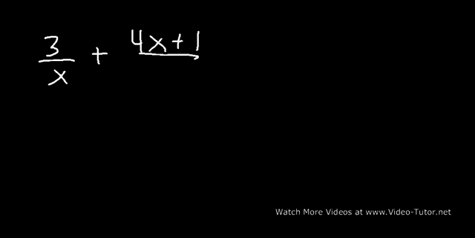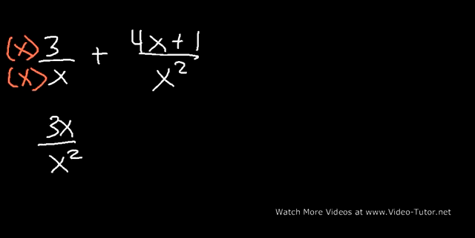Try this one. 3 over x plus 4x plus 1 divided by x squared. Now, our goal is to make sure that the denominator is the same for both fractions. We don't have to really adjust the second fraction. Notice that if we multiply the first fraction by x, we're going to have the same denominator.